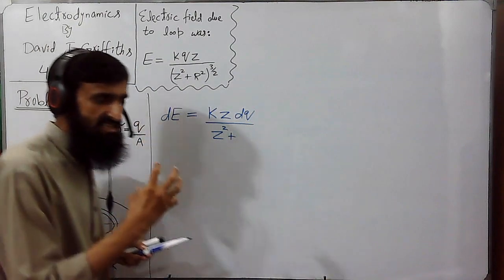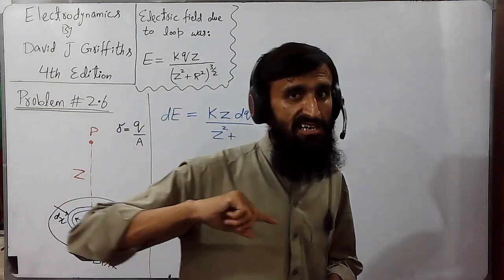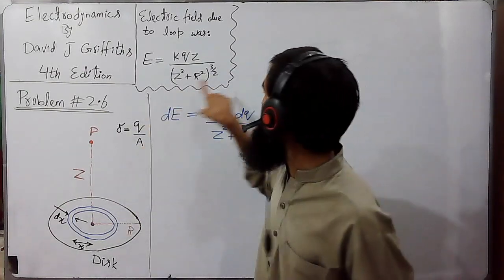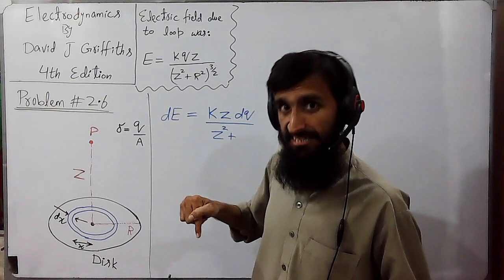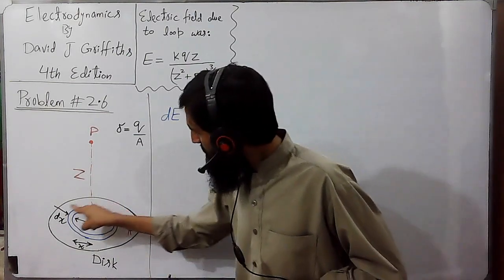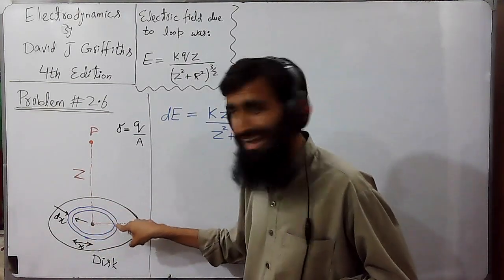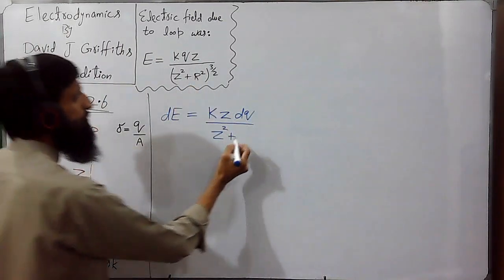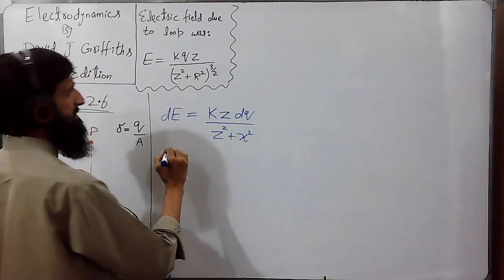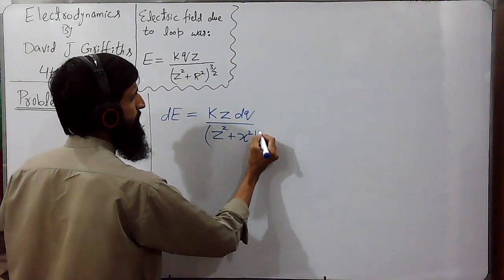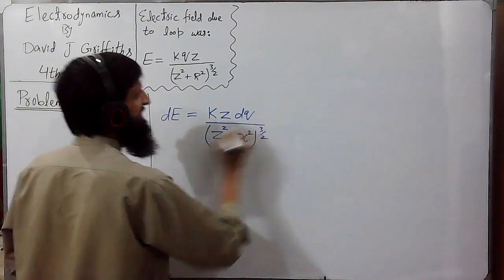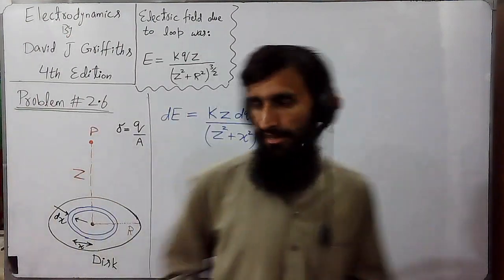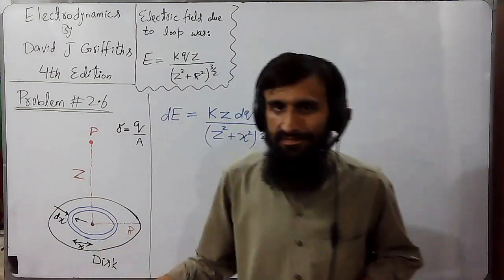Because in our previous lecture we derived the electric field due to a loop, and in that case we took the radius of that loop as capital R. But here the radius of this loop element is taken as x. That's why r is replaced by x, and the power 3/2 is written as it is. So this is our electric field due to this loop element.